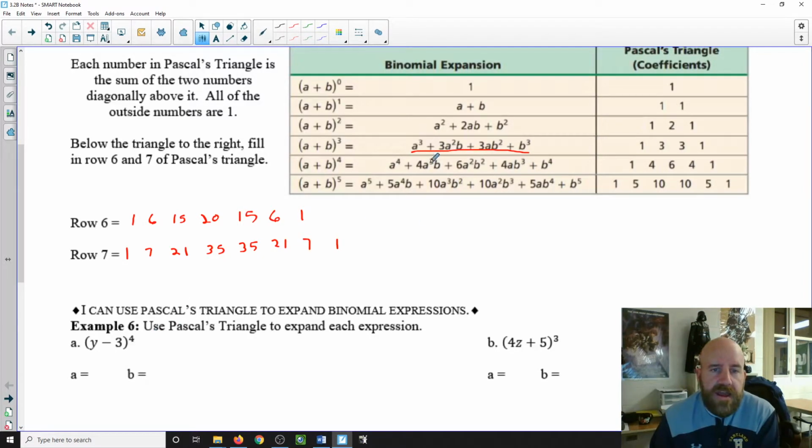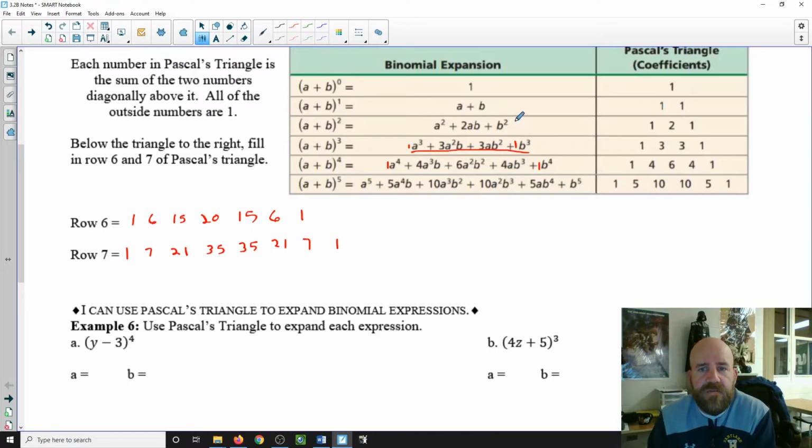So we can look at any further equation. Notice we have our coefficients, so 1, 3, 3, 1. And for the fourth power, 1, 4, 6, 4, 1. We have it right here. So that's where those numbers come from.